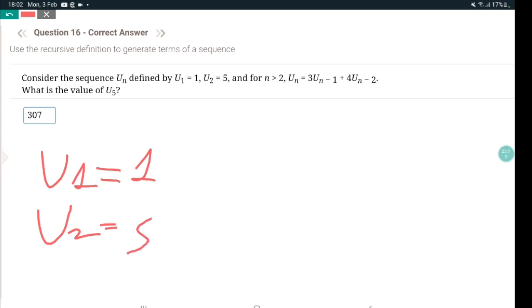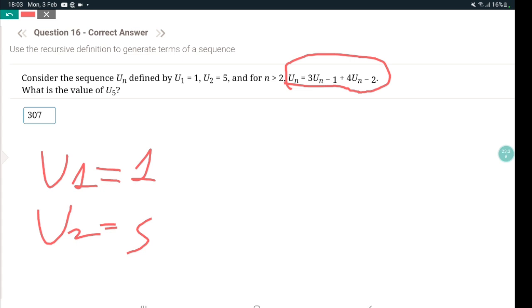And for n greater than 2, we use this rule instead. So u1 and u2 are on their own, and when n is greater than 2 we use the rule that's circled.